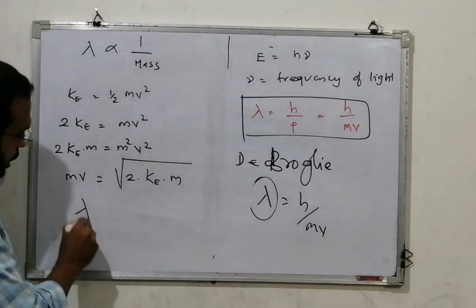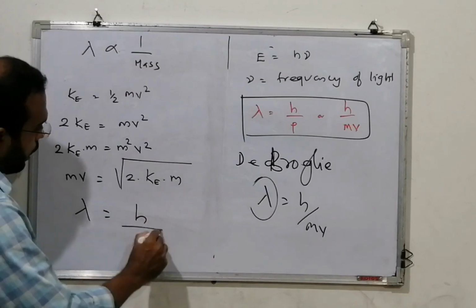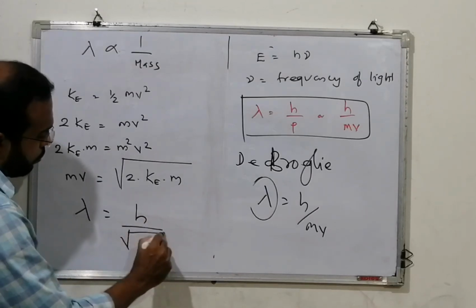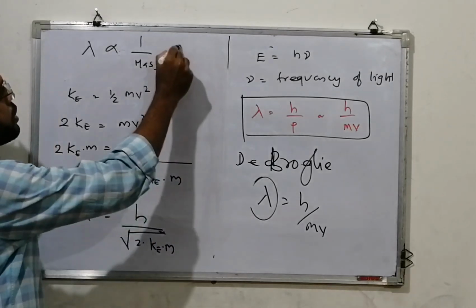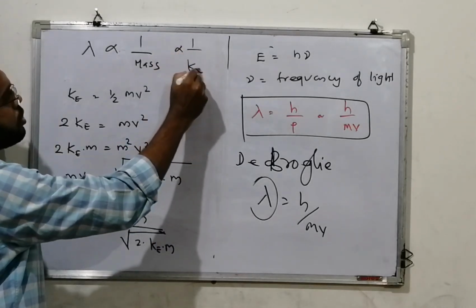Therefore, lambda is equal to h by the square root of 2 into kinetic energy into m. It is also inversely proportional to kinetic energy.